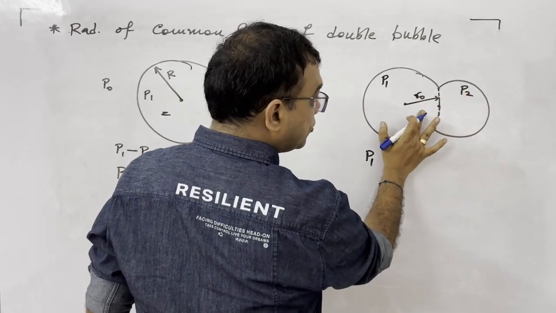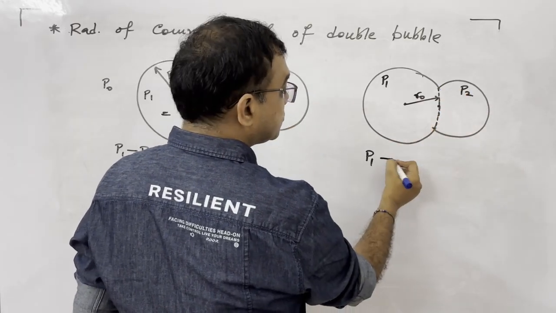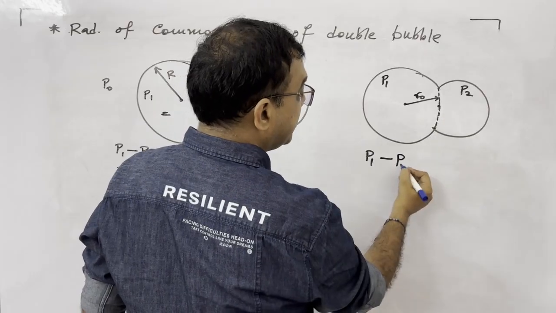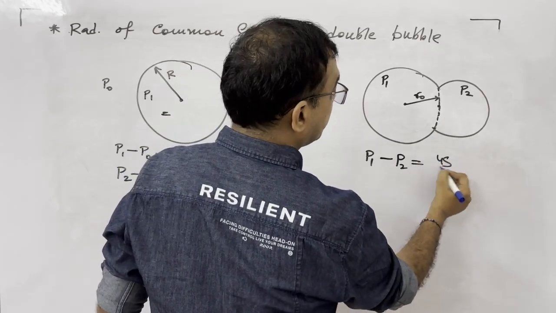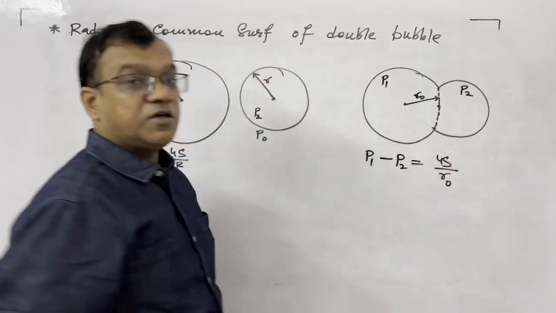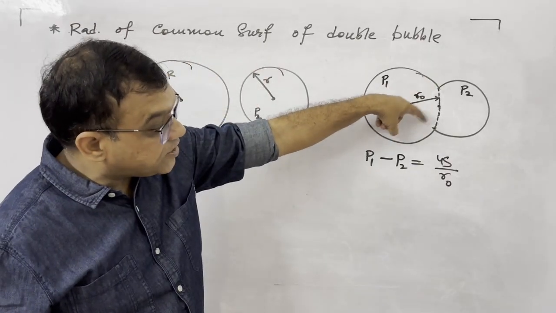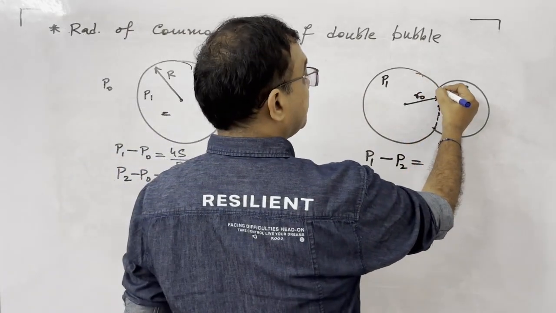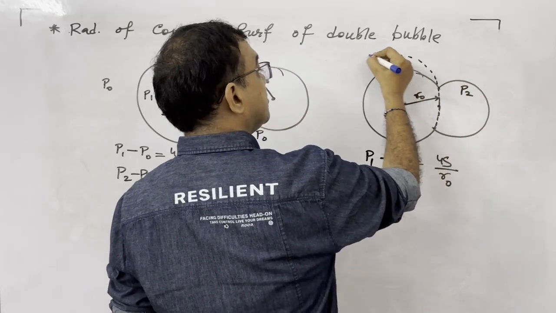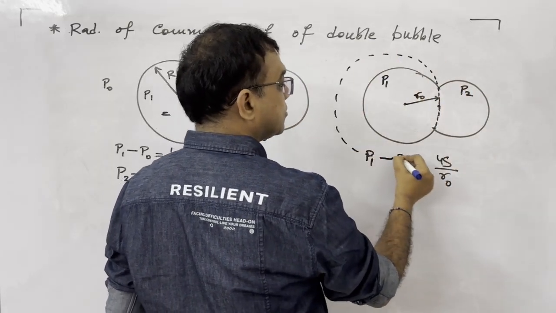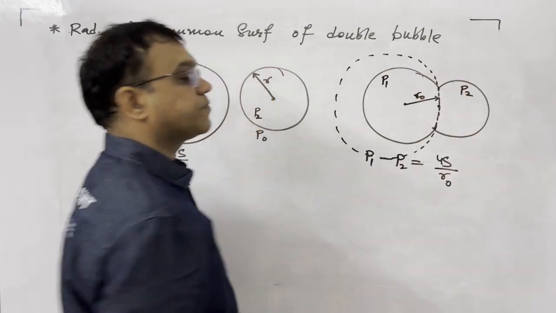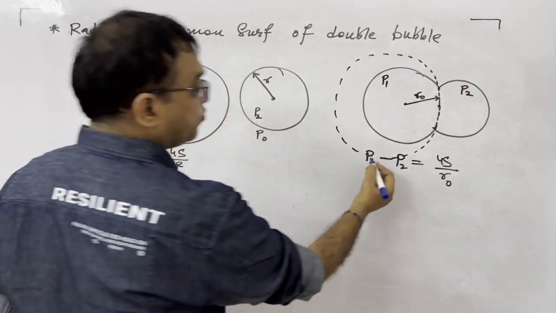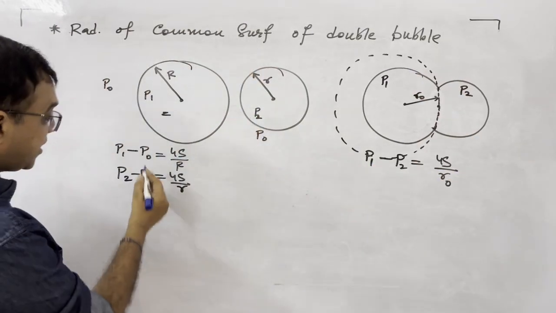So pressure on the concave side is more than the convex side by 4s by R0. This is also going to be spherical in shape, but its spherical radius will be like this way, right? So P1 minus P2 equal to 4s by R0.